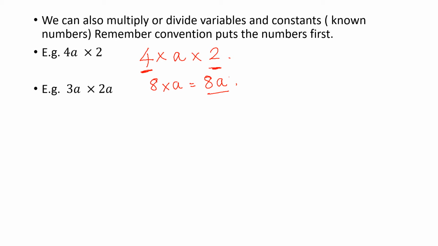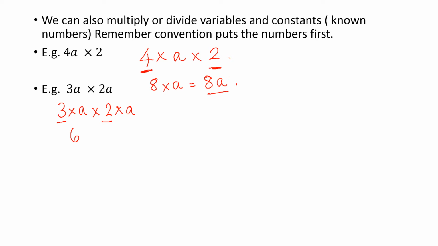Here's another example. Here we have 3a times 2a. So we could rewrite this as 3 times a times 2 times a. Again, we can multiply our constants first. 3 times 2 is 6.